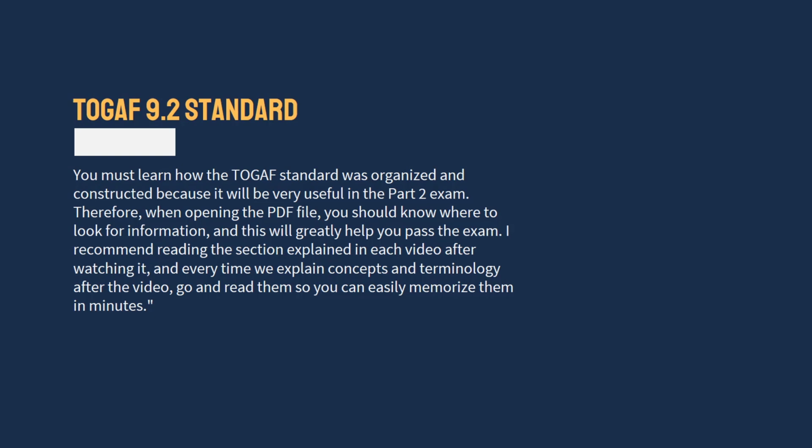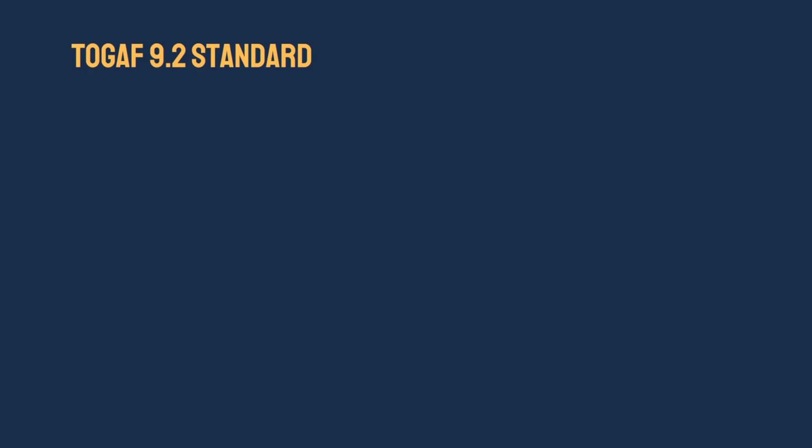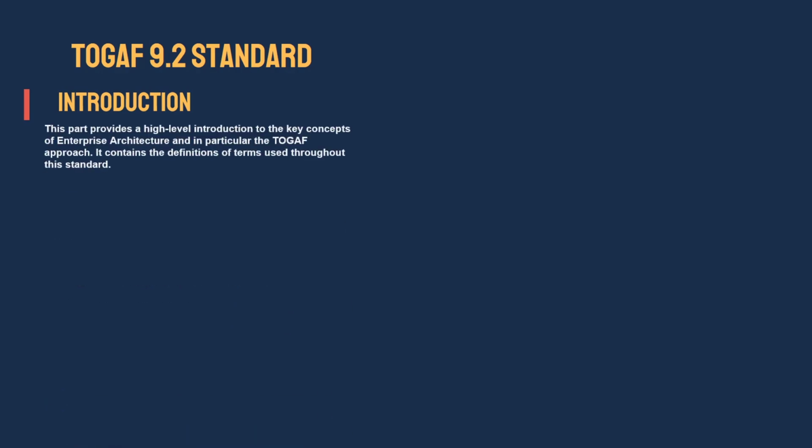The TOGAF 9.2 standard consists of 6 parts. 1. Introduction. This part provides a high-level introduction to the key concepts of enterprise architecture and in particular the TOGAF approach. It contains the definition of terms used throughout this standard. 2. ADM. This part is the core of the TOGAF framework.